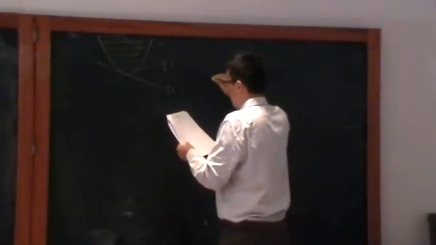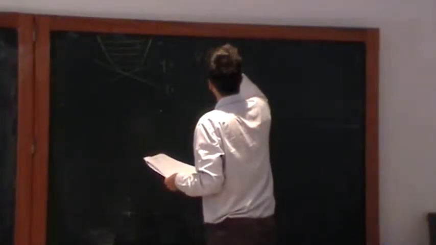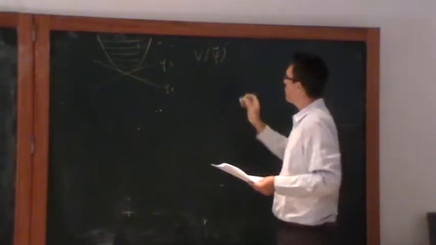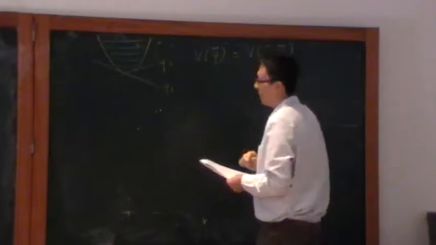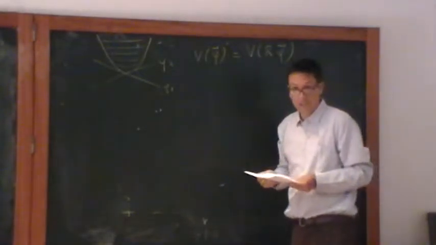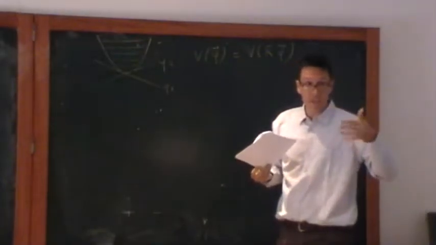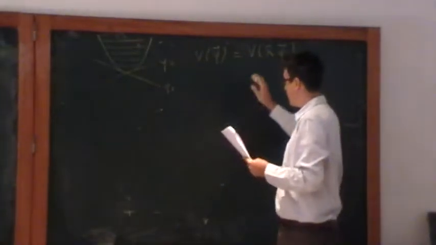Right, so in this case, your V of phi, of the vector phi, is invariant by rotation. So V of phi is equal to V of a rotated phi. So this is telling you that the problem is invariant by rotation, that your Hamiltonian, your potential, whatever, is invariant by rotation. Okay? So this is the symmetry.